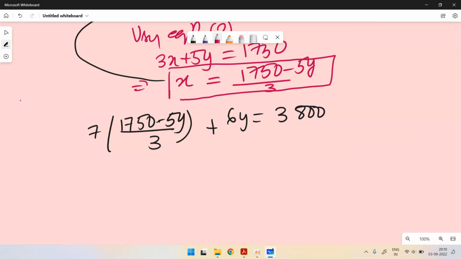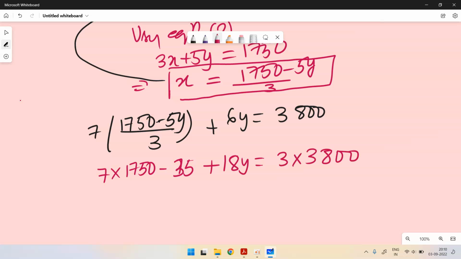This is much simpler. So it can be written as 1750 minus 7 into 35 plus 6y, taking the LCM 3 here, so 6 times 3 is 18, equal to 3 into 3800.